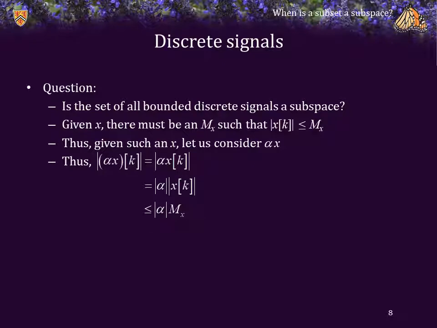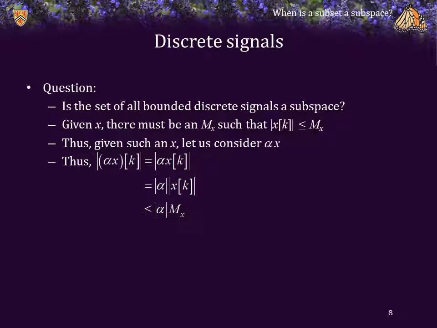Well, we note that the absolute value of alpha times x at the kth index is just the absolute value of alpha times the kth index of x. But this is the absolute value of a real or complex number, doesn't matter which, and the absolute value of a product is the product of the absolute values. So that's equal to the absolute value of alpha times the absolute value of the kth entry of the discrete signal x.